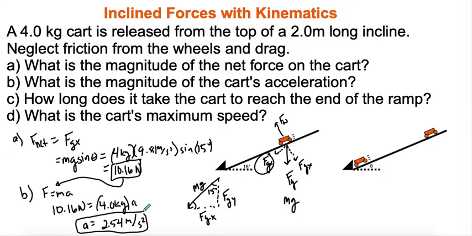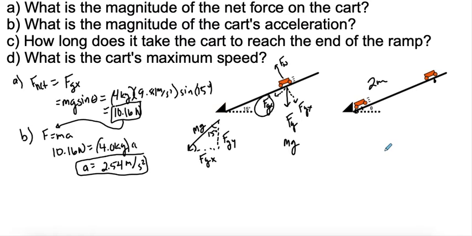Okay, so C, how long does it take the cart to get to the end of the ramp? So now we're going to have to use our kinematic equations, and we're going to have to remember that our ramp is 2 meters long from beginning to end. Okay, so our cart is going to travel 2 meters through the length of the ramp there.